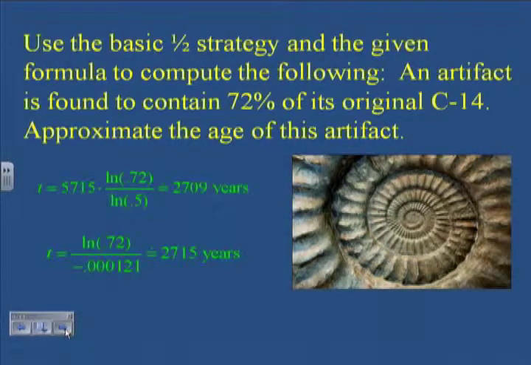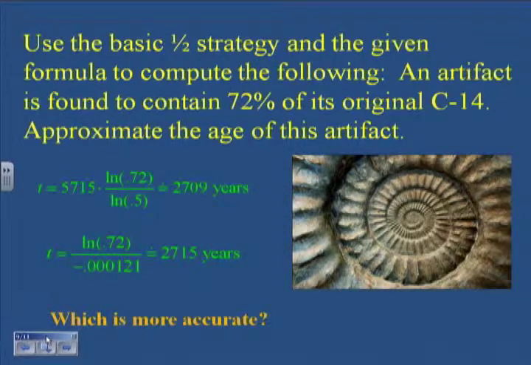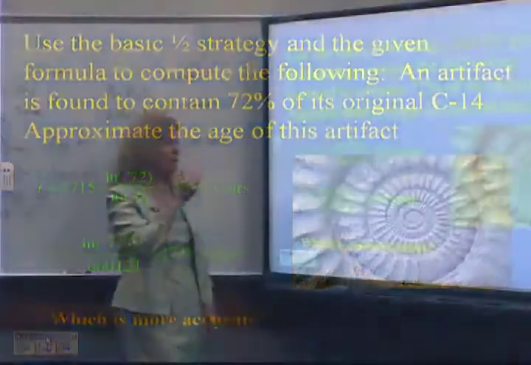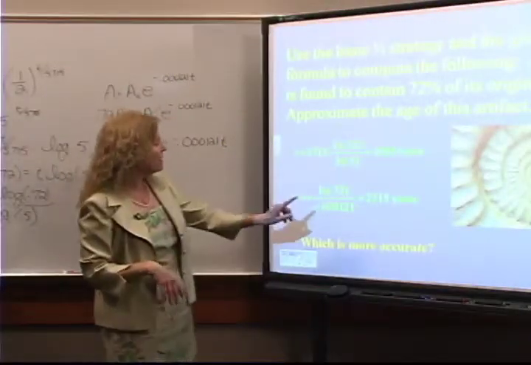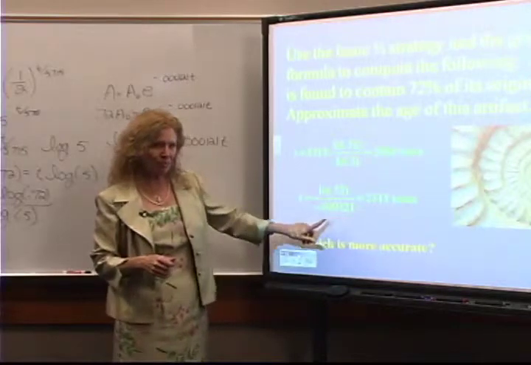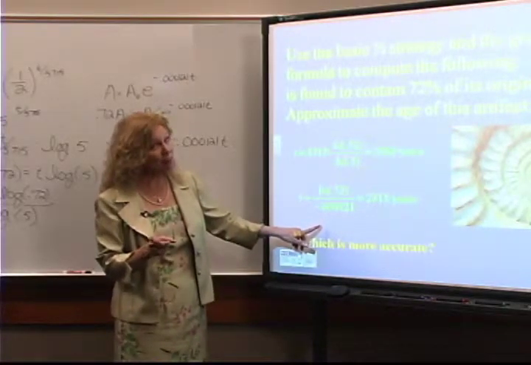Well, if you're going to round, that's 2,700 years. So you could say, yeah, it's about 3,000 years old. I'm okay with that. But I also asked the question, which one do you think might be a little bit more accurate? Of course, I realize that's a little bit of an unfair question. But I simply wanted to point out that when we found this decimal, we actually rounded it off.